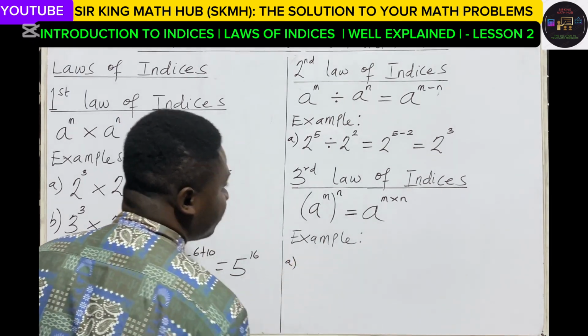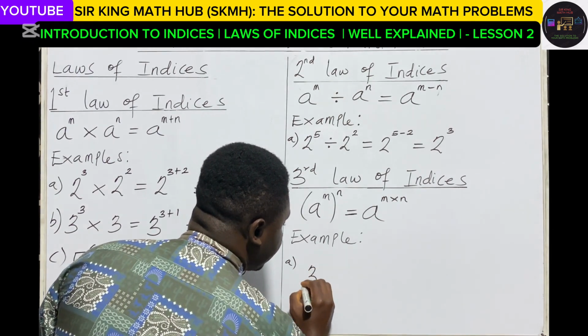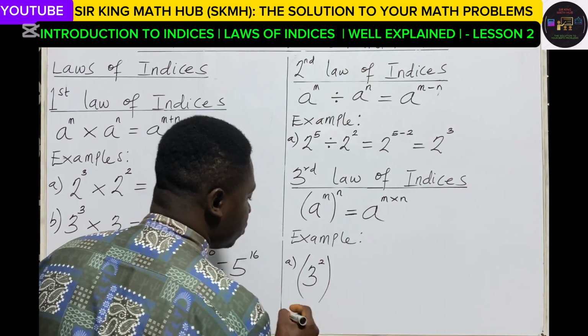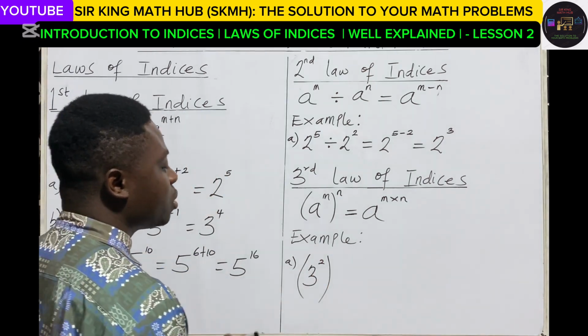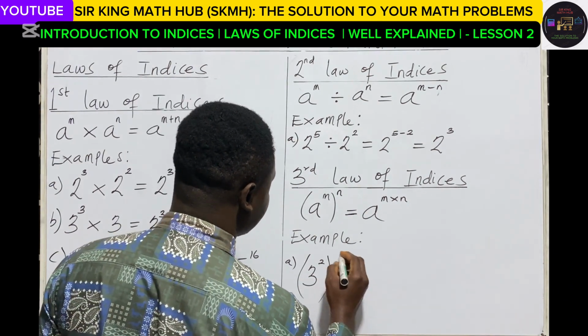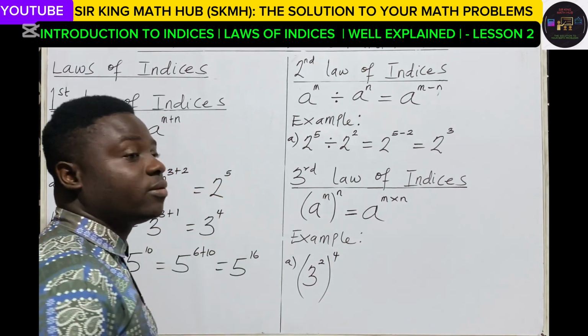So example, let's say we have 3 exponent 2, and then this 3 exponent 2 also has another index, let's say 4.